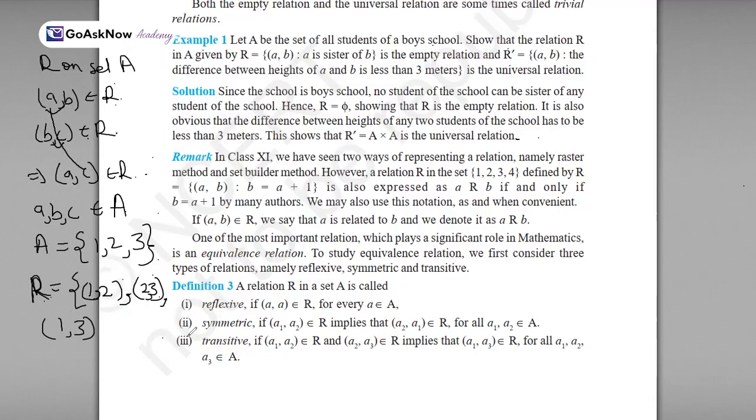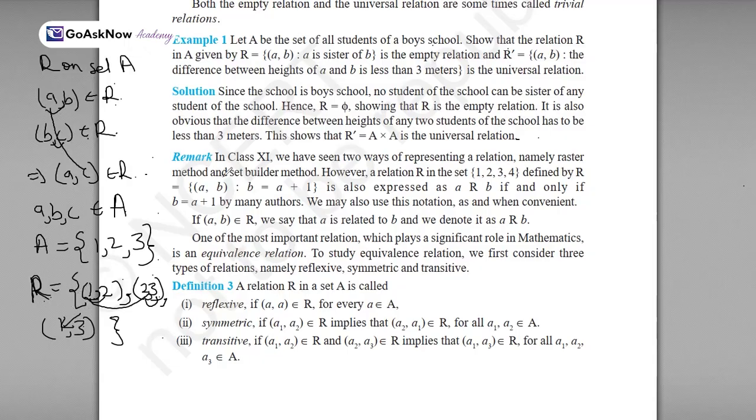You can see here that 1 is related to 2, 2 is related to 3, and then 1 is related to 3 also, which is present here. So what will it be called? It will be called a transitive relation, because A is related to B, B is related to C, and A is related to C also inside this relation. So we can say, students, that it is a transitive relation.